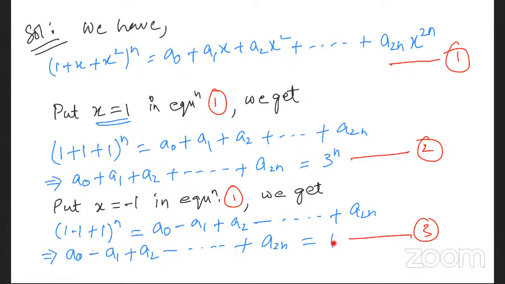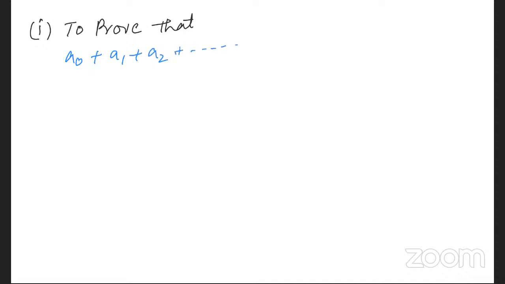So the first point: what is the first thing you need to prove? To prove that a₀ + a₁ + a₂ + and so on + a₂ₙ = 3ⁿ.